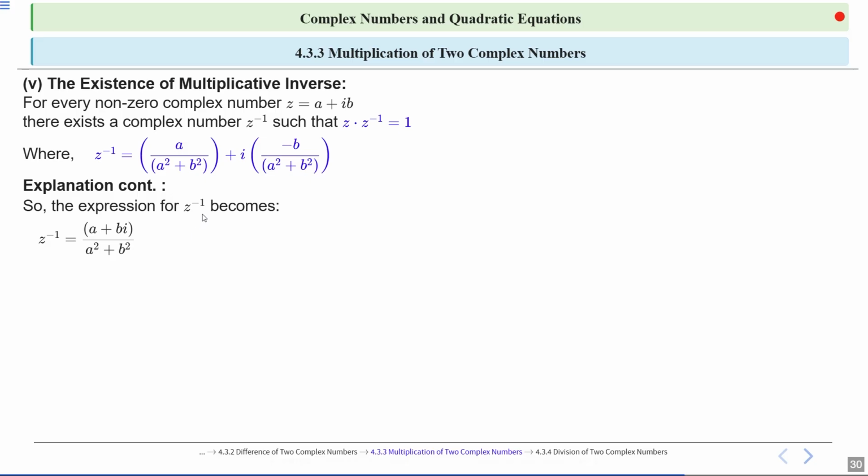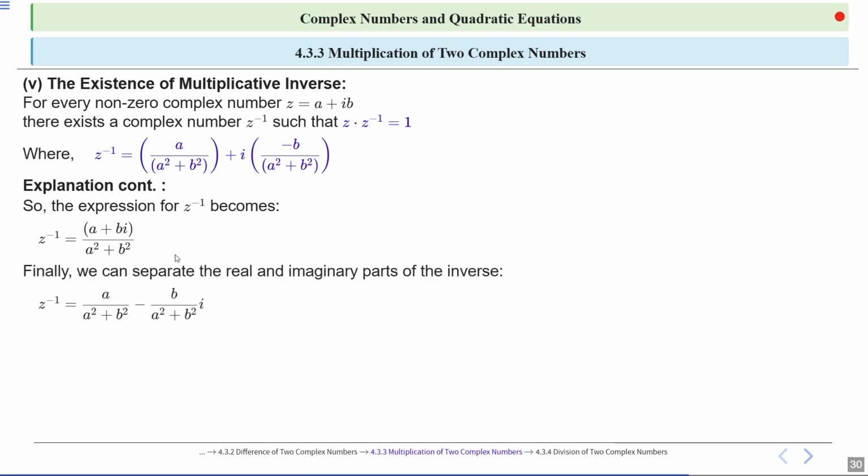So the expression for z inverse becomes z inverse equals a minus b iota divided by a square plus b square. Finally, we can separate the real and imaginary parts of the inverse.